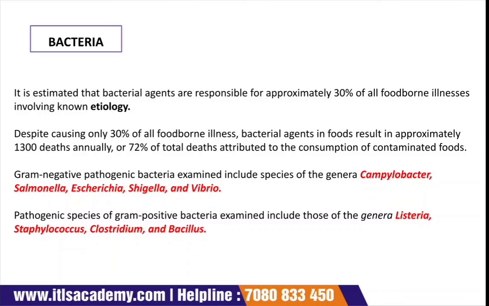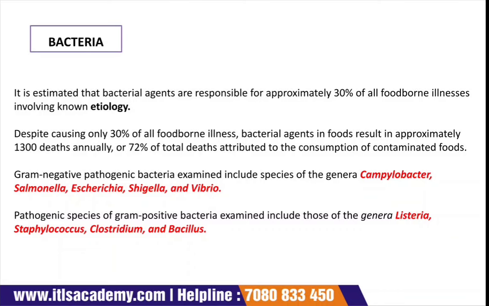Now see, we all are aware that there are gram negative bacteria and gram positive bacteria. The gram negative pathogenic bacteria include the genera Campylobacter, Salmonella, Shigella, and Vibrio. These are some gram negative bacteria, and they lead to foodborne illness.